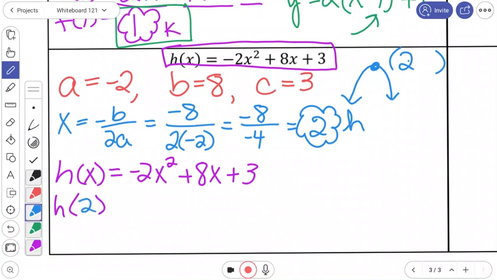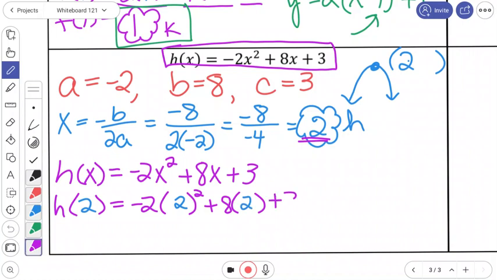That means what is my equation h equal to when my x value is 2? H of 2 equals -2 times 2 squared. Because remember, the x value we just found was +2. Plus 8 times, again, 2 plus 3.